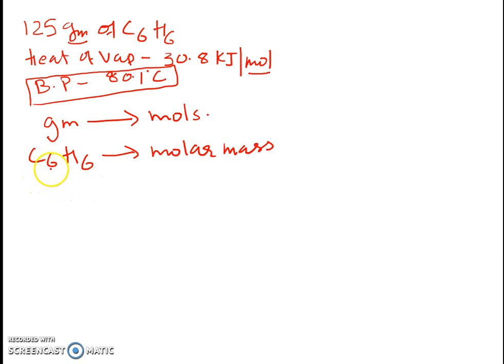We need to see how many atoms of carbon are there in benzene. So there are six carbon atoms, and you need to multiply that by the atomic weight of the carbon. The atomic weight of the carbon you can see from the periodic table, which is going to be 12.011 grams.